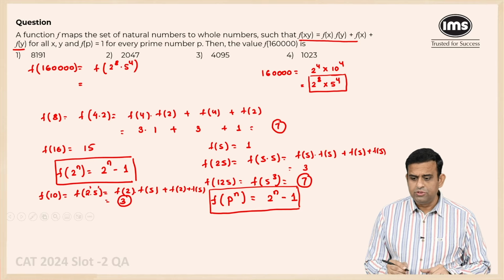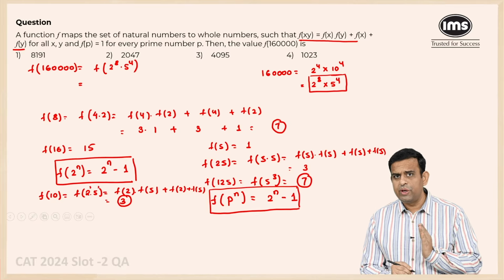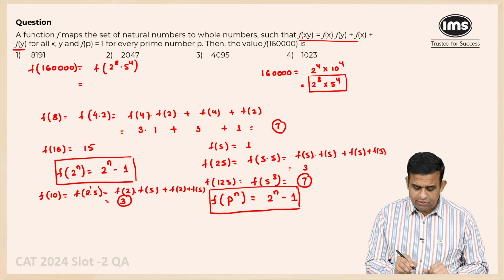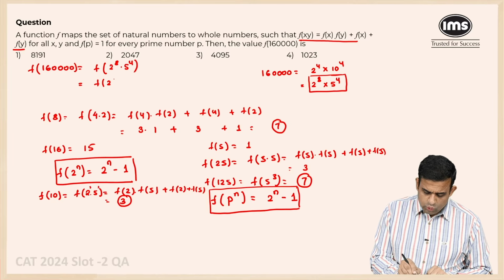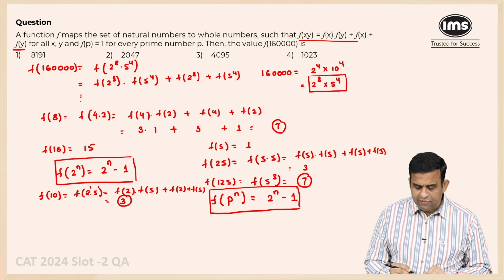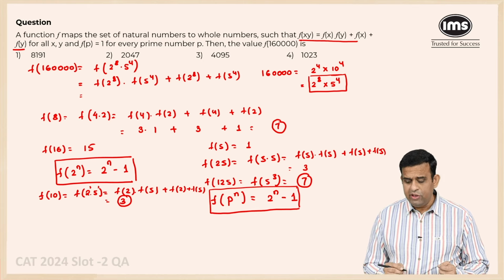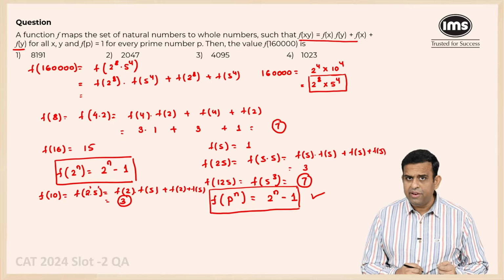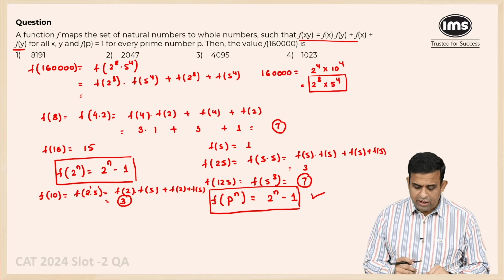And this, if I use the function that f of x into f of y plus f of x plus f of y, f of 2 power 8 into f of 5 power 4 plus f of 2 power 8 plus f of 5 power 4, and then we can look for the value. Understand, we know f of p power n is equal to 2 power n minus 1.